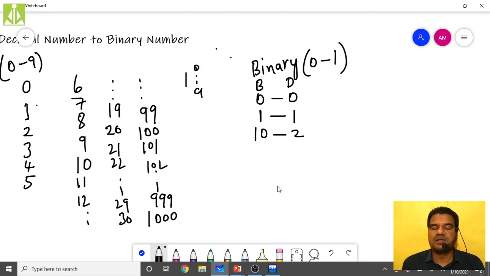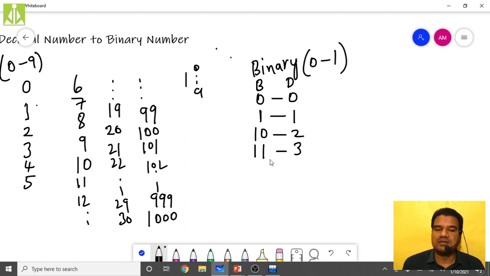After this, when you increase the place, you have the flexibility of a combination. So 10, then what else can we represent? 1 1, isn't it? 1 1 is 3.